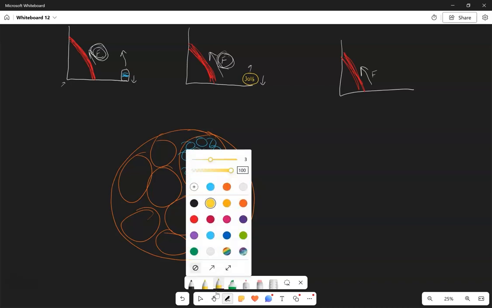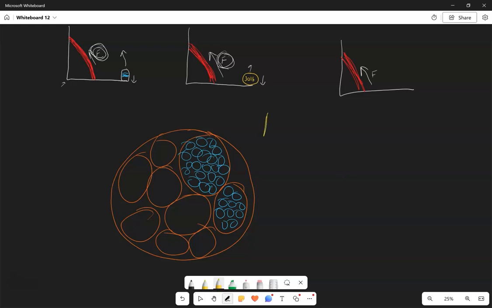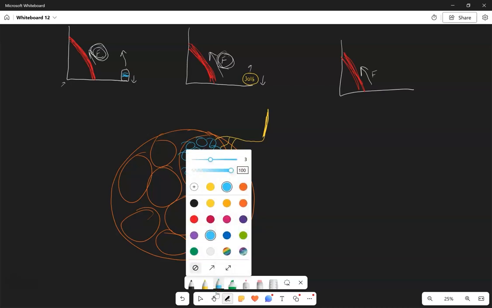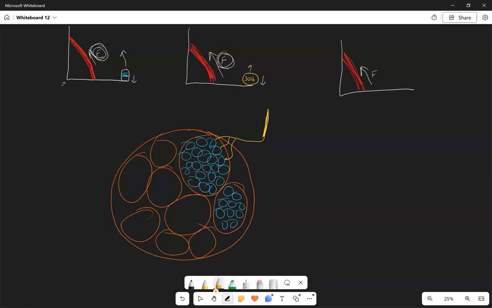Now, we know that the muscle is controlled by motor neurons. So this motor neuron will come down and it will split off and hit these 3 myofibers. Okay, now we have a different motor neuron. Let's do this one in dark yellow. It's going to come down and maybe it'll hit this muscle fiber and this muscle fiber.